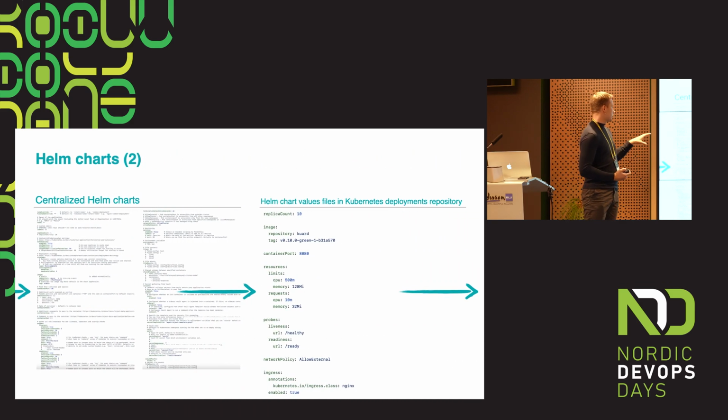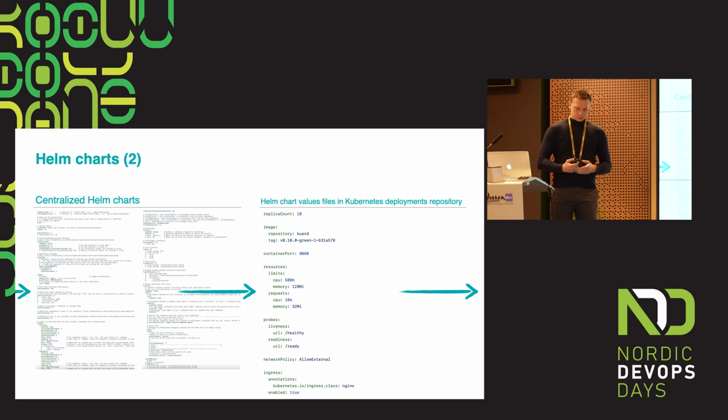So this is an example of one of our Helm charts. It's like half of a Helm chart. And you can see that we do have massive centralized Helm charts. For the developers to use them, they can only override what they want.